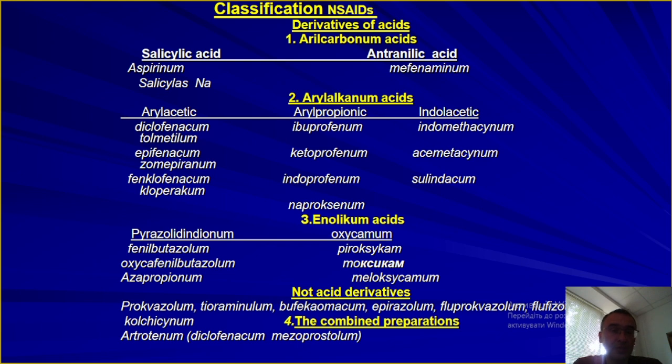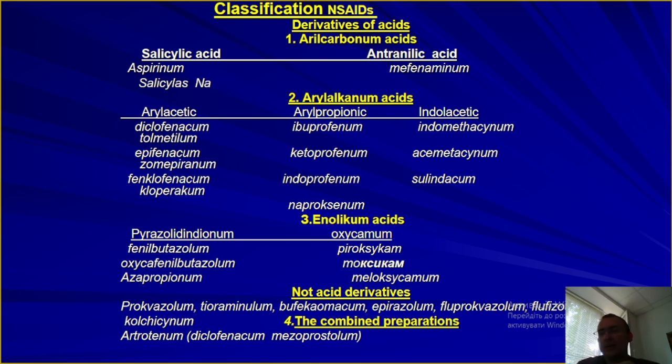So if you don't receive the result, change the group. If you do not receive the result after this change, change to another group. Sometimes you should test three different groups of non-steroids to receive a good result.